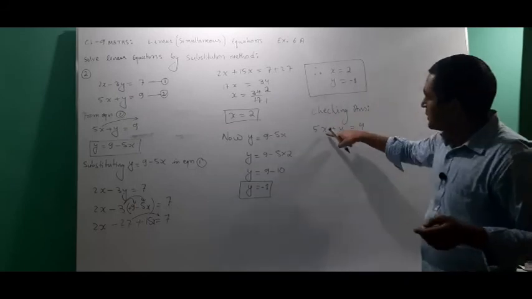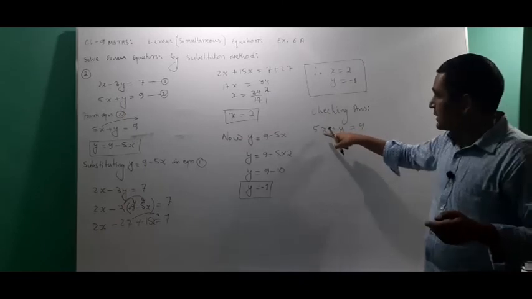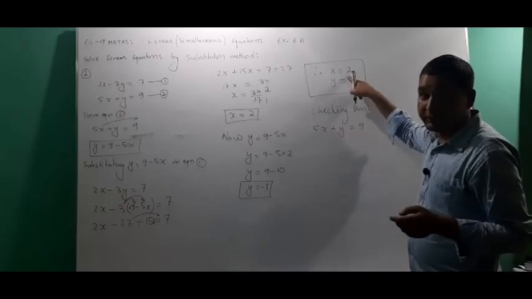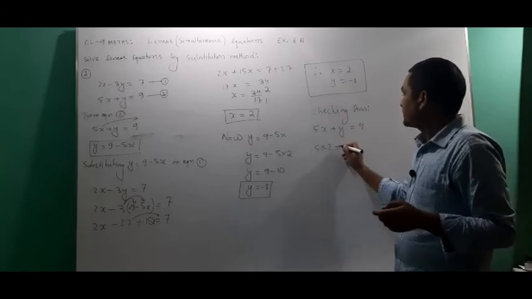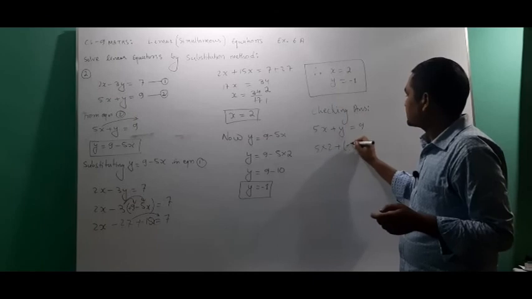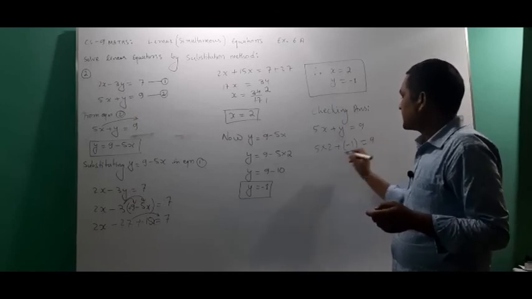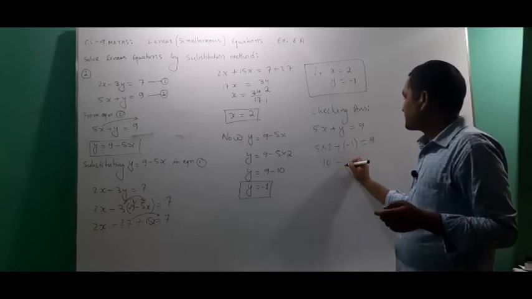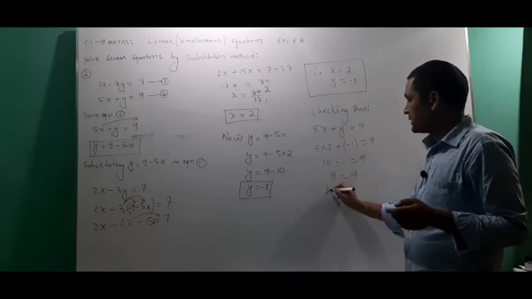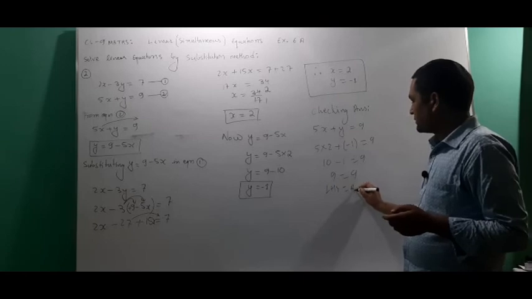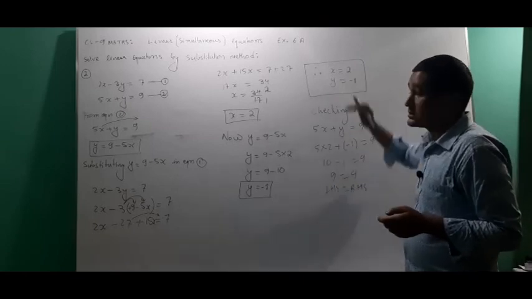Now replace x and y by their values. 5 multiplied by 2, then plus y is minus 1, equals 9. Then 10 plus minus 1 equals 9. 9 equals 9, meaning the left hand side equals the right hand side, so these answers are right.